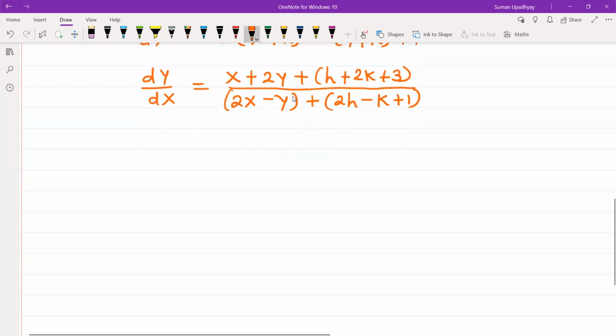Now next step, is it converted into homogeneous? After taking the substitution, is it converted into a homogeneous system? Yes. Is it homogeneous now, kids?